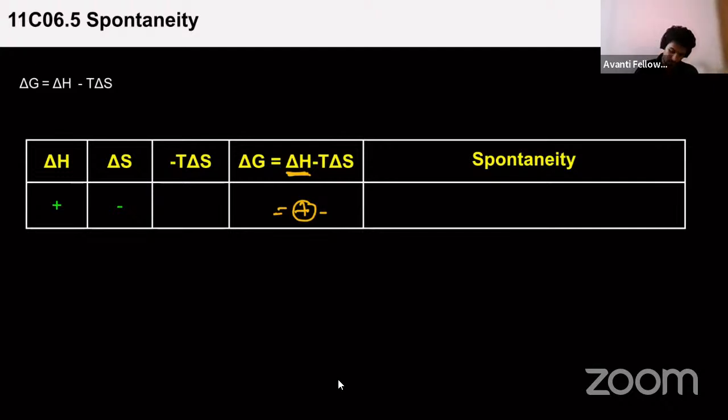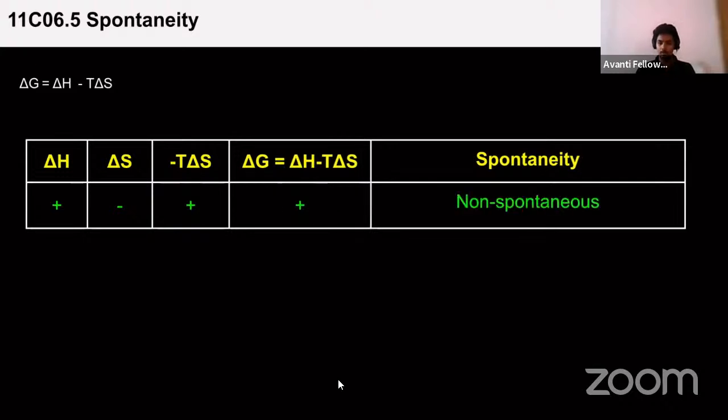Delta S should be positive, right? But here delta S is given as negative. Now, negative into negative will give us positive. So here delta G will be positive. If delta G is positive, the reaction will be non-spontaneous, right? The reaction will be non-spontaneous. Try to see this, okay?